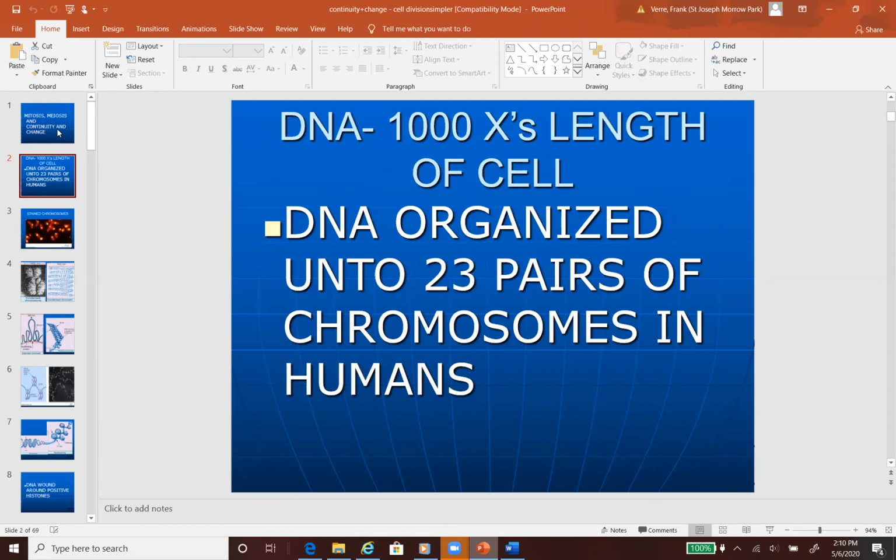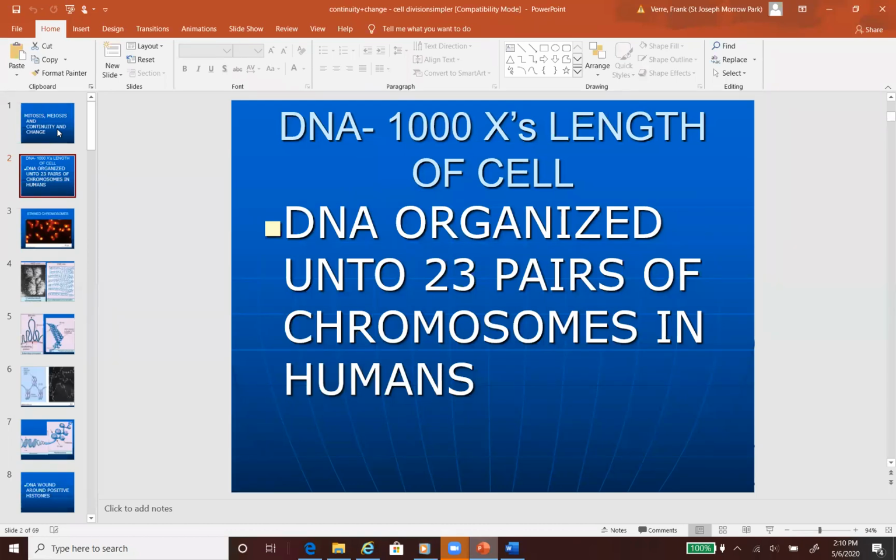This DNA will control things like we talked about last time, what type of cell it becomes, depending on what genes it uses. The DNA will instruct on how to build certain proteins. It will give you your characteristics.